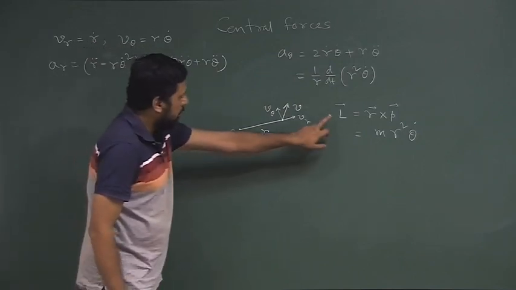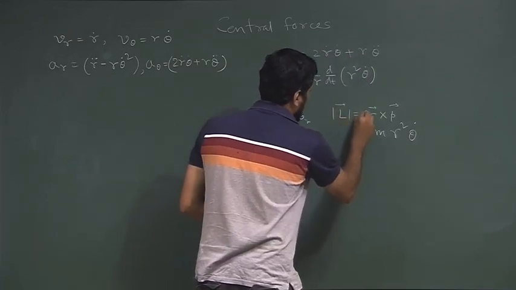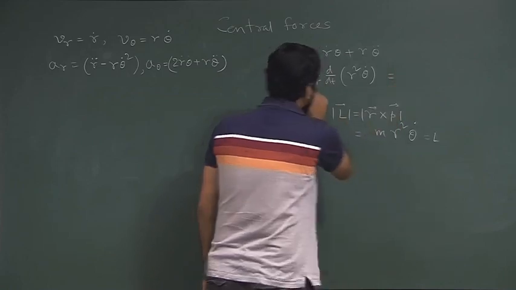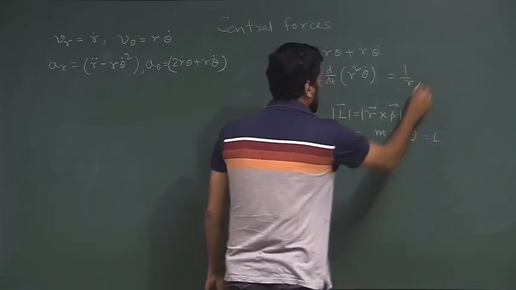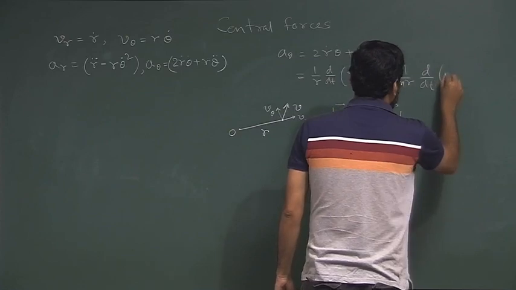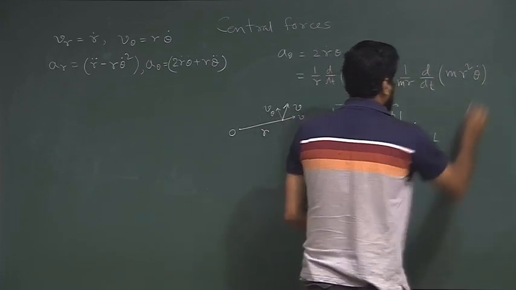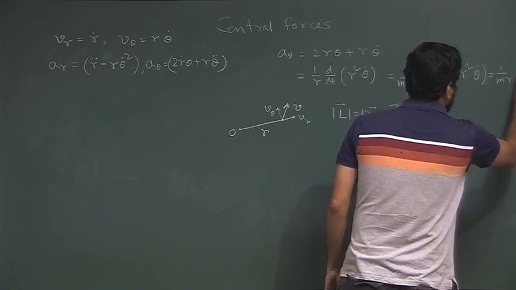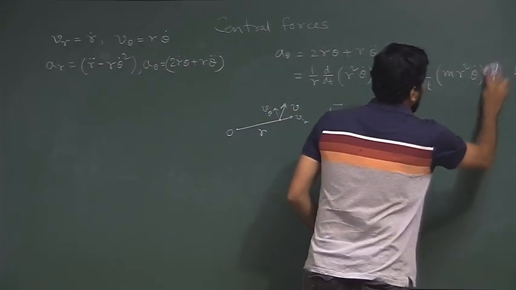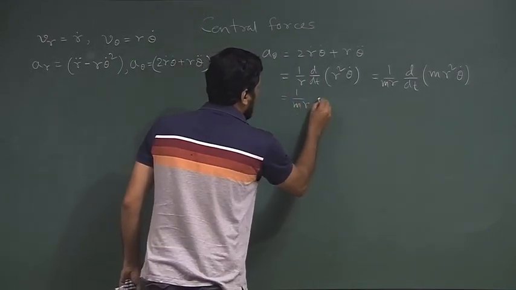This has a magnitude of m r square theta dot, and we simply call this L. So, this can be rewritten in terms of 1 by r d dt of m r square theta dot, which will be written as 1 by m r L dot.